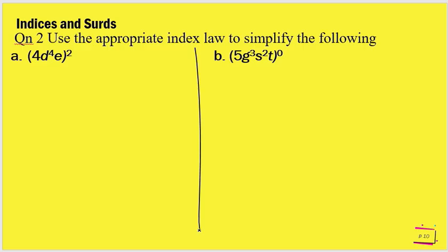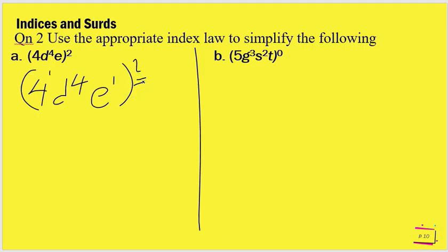Here we have 4d⁴e¹, then squared. What does that mean? Everything inside we have to square. Remember, 4 is power 1. So we multiply all the powers by 2 here.